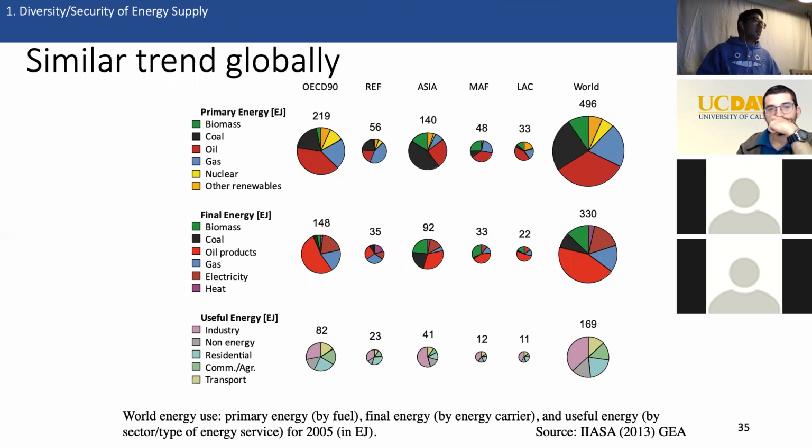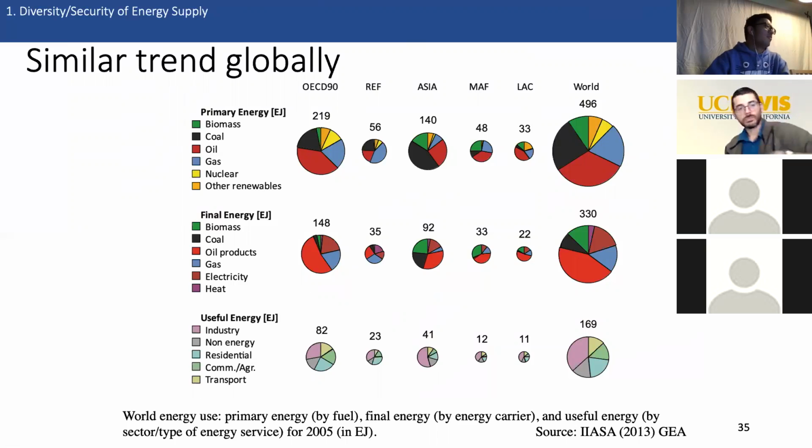And that's a pretty similar trend globally. That last Sankey diagram was for the United States. This one is across the world. So we look at primary energy breakdown. You have oil, coal, and gases as three big ones, same as in the US. You do see a larger chunk of biomass, as I was saying before, due to use in other countries where the proportion of biomass is higher.